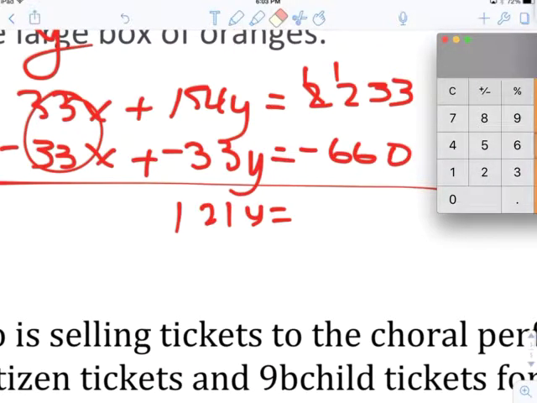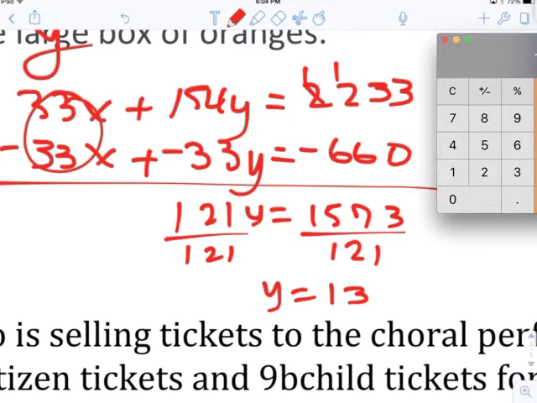2233 minus, because I didn't line it up, 1573, divide by 121. 13. Y equals 13.